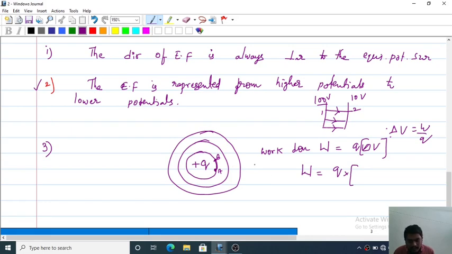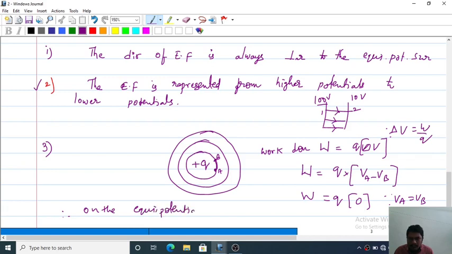Since both are at the same potential, so VA minus VB equals 0. Since VA equals VB, on the equipotential surface all points are at the same potential.